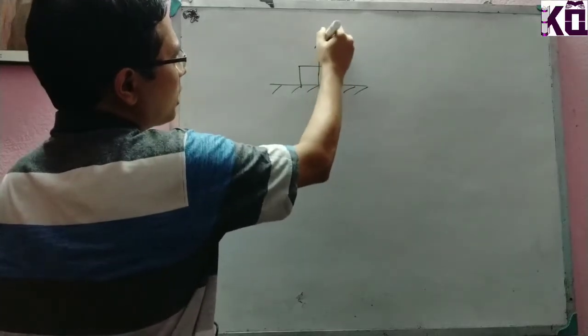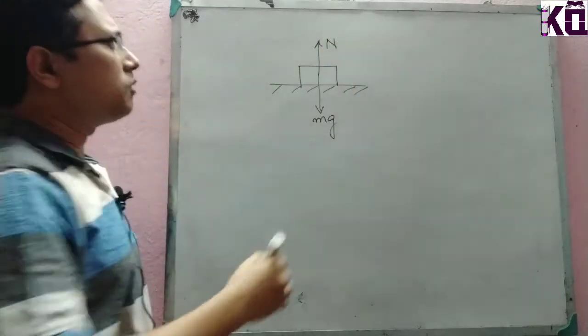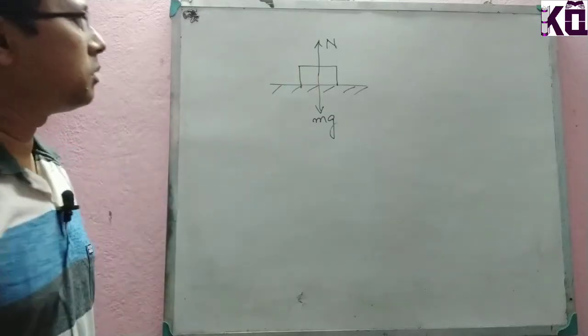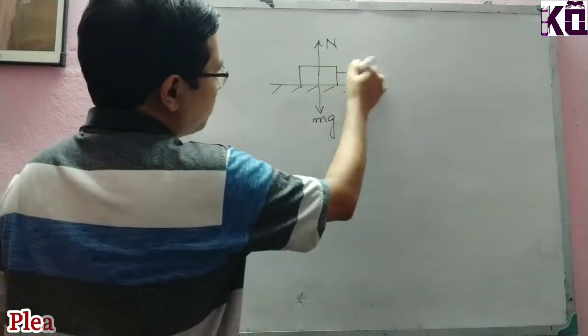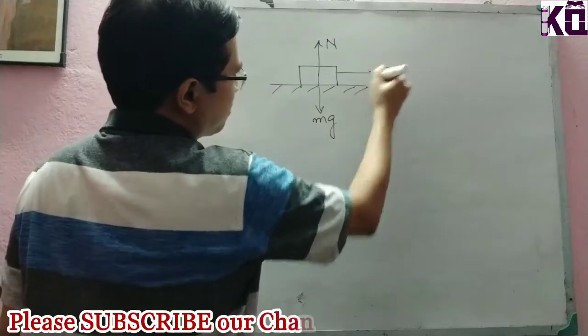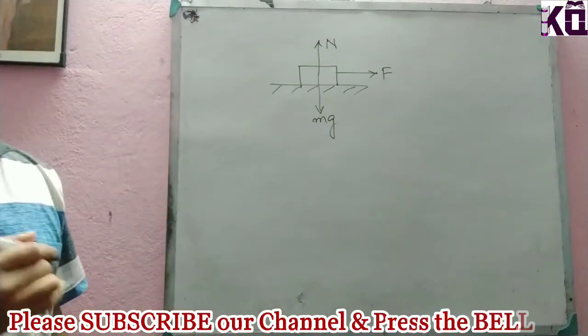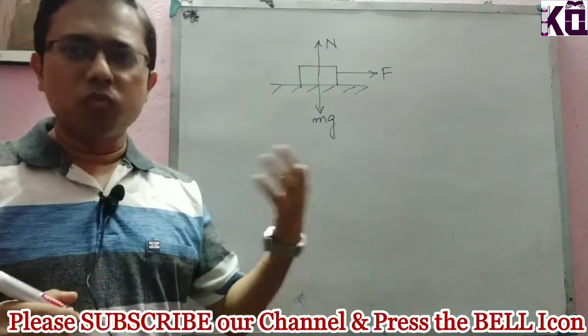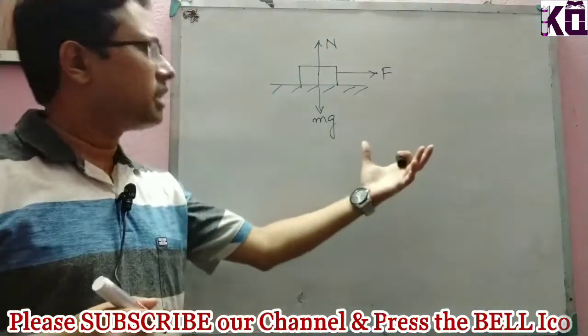So there is one normal reaction force which is acting in the upward direction. Now if we provide one force in the right-hand direction, the body tries to move in that direction.